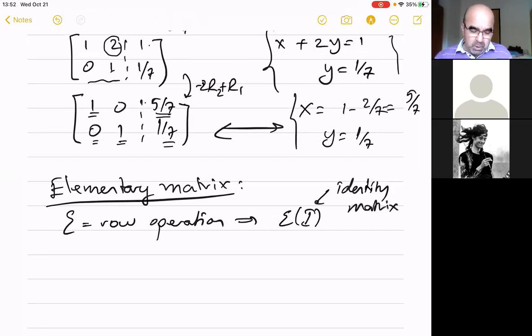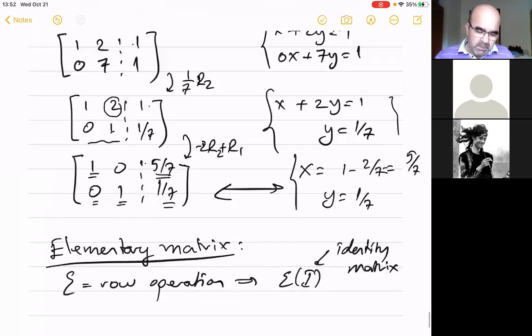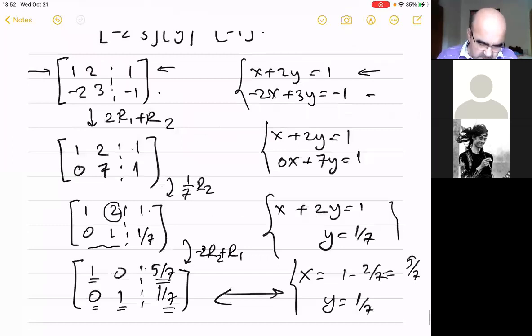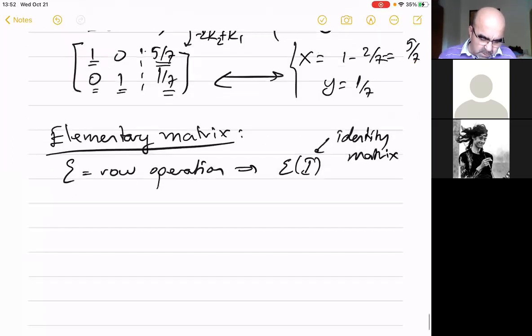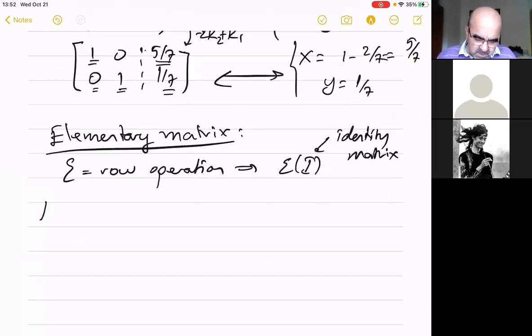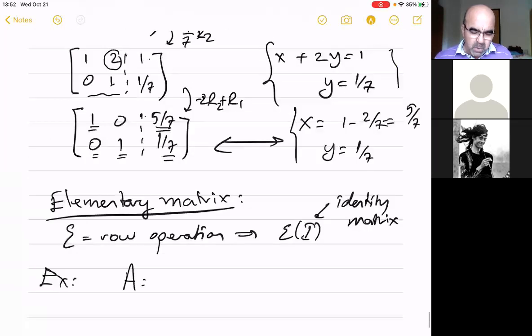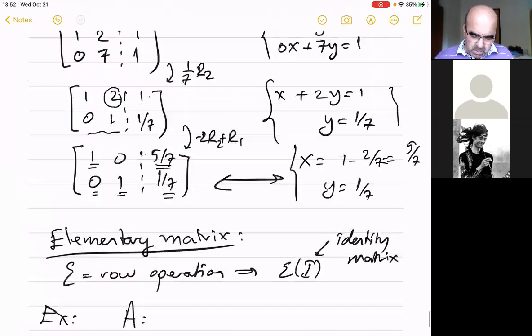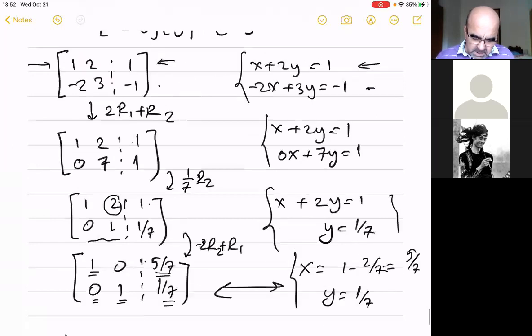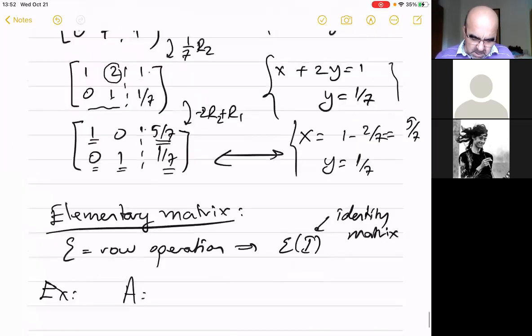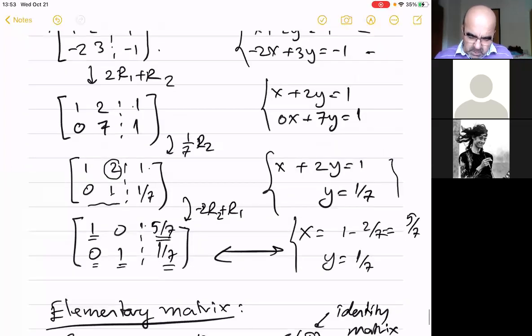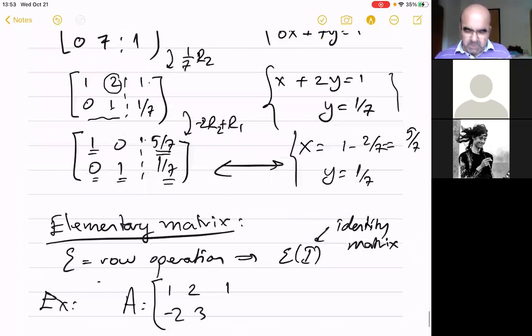So for example, in the above example, we had this matrix. Let's write matrix A as 1, 2, 1, and -2, 3, -1.